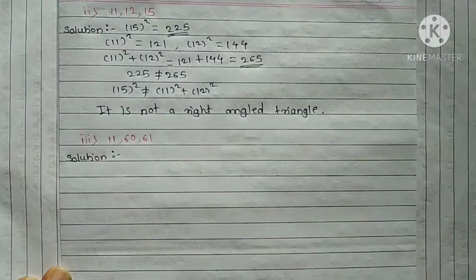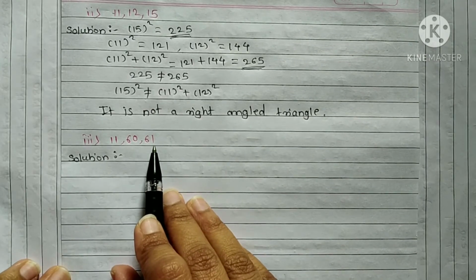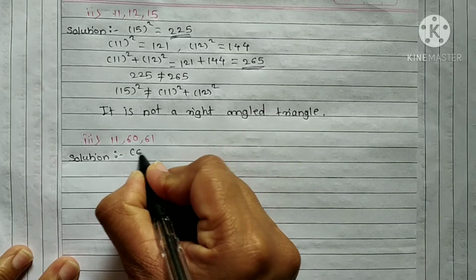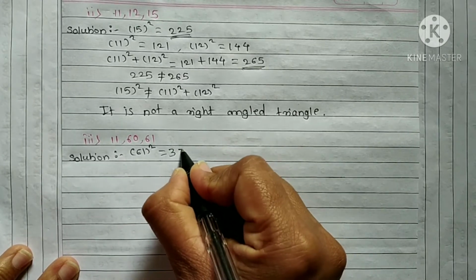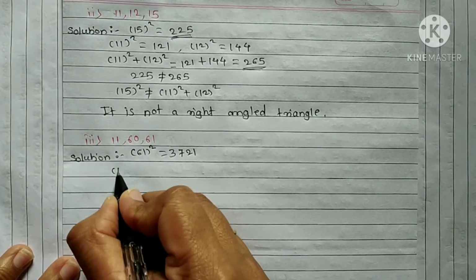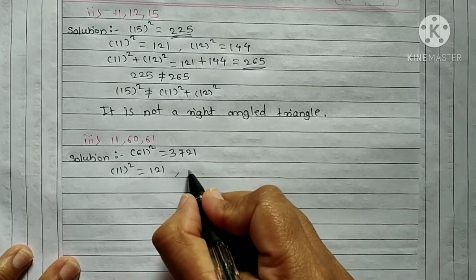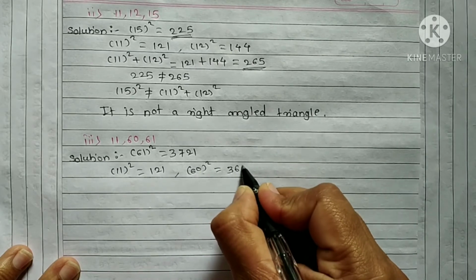Now next is 11, 60 and 61. Here the biggest number is 61. So 61 square equal to 3721. Now the square of the other two numbers, that is 11 square is 121 and 60 square is equal to 3600.